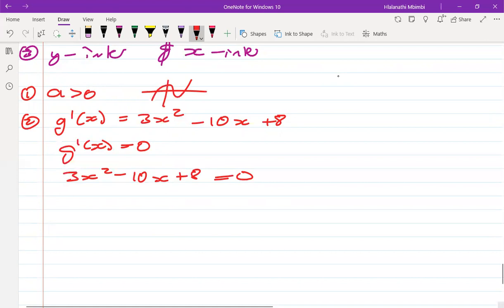Are we solving the turning point now? Yes, the x value. I will help you, I just want you guys to work.